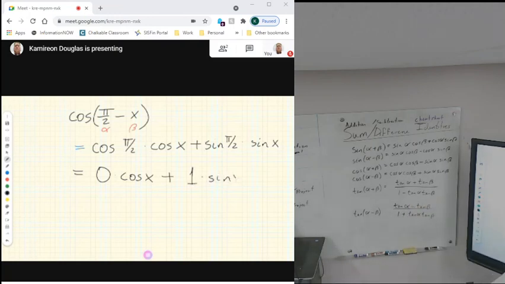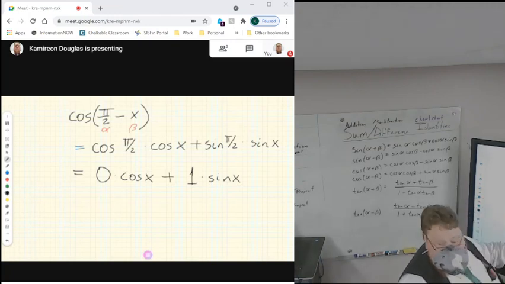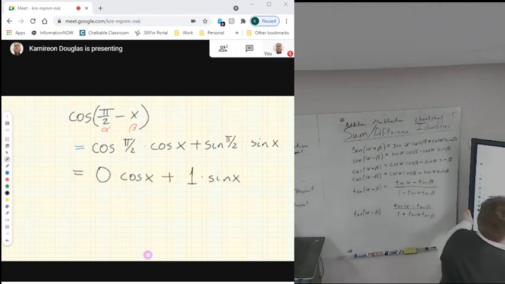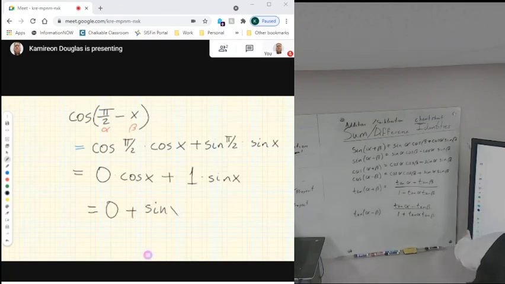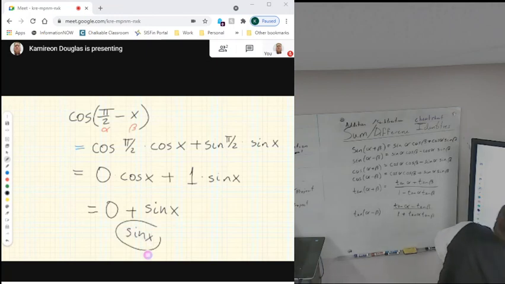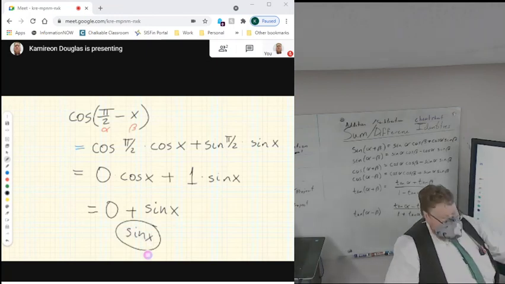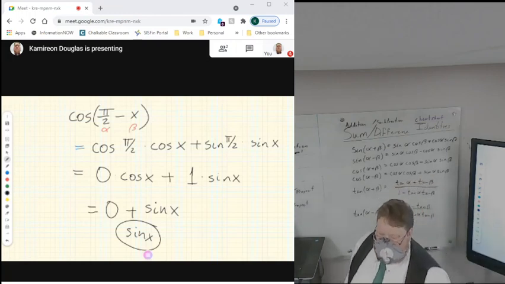Now I use algebra. The 0 times cosine, well, anything times 0 should make it go away. So this becomes just 0. 1 times sine, well, that's just sine. So it turns out that this original equation is just the sine equation.